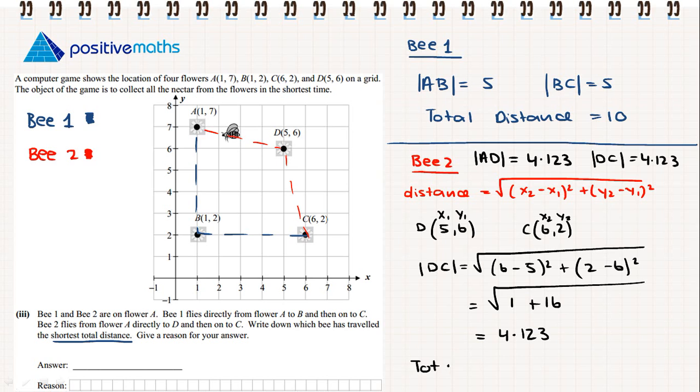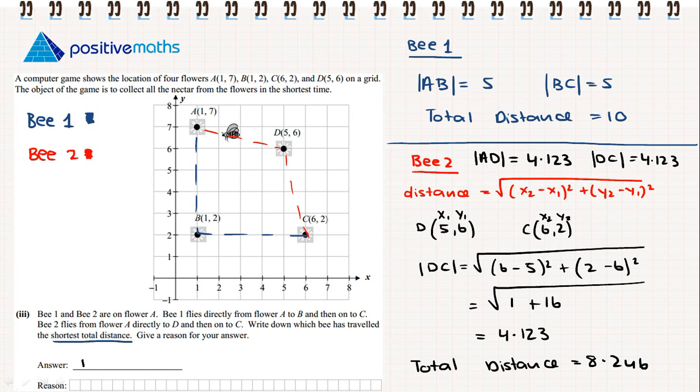So the total distance then is equal to 8.246. If we go back to our answer, we need to find the shortest total distance. For B1, the total distance is 10. For B2, the total distance is 8.246.